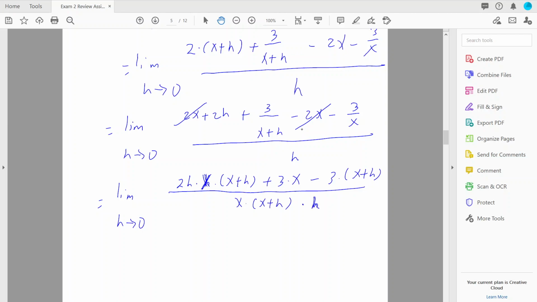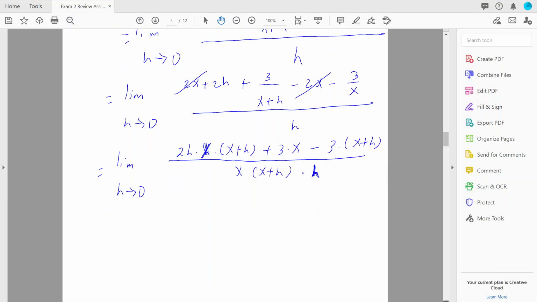Okay, so now just simplify the top part. After simplification, this is what you are going to get. Just distribute this 2xh here, distribute this 3 here, cancel out the opposite terms, and the leftover would be on the top part after combining the like terms and canceling the unlike terms. Unlike meaning one is positive, another one is negative.